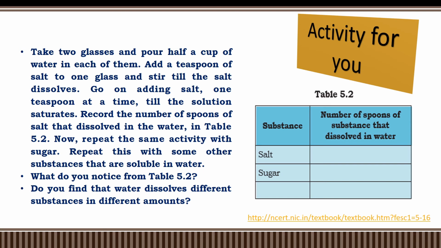Now repeat the same activity with sugar and note your observations. Repeat this for some other substances as well which are soluble in water. What do you notice from table 5.2? Do you find that water dissolves different substances in different amounts?